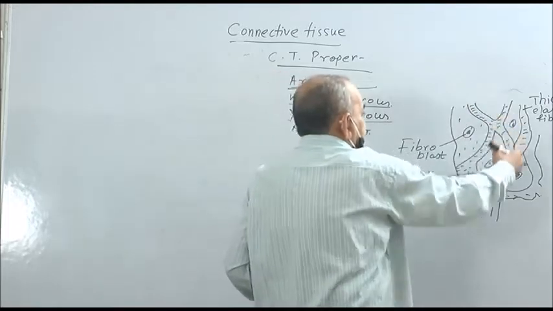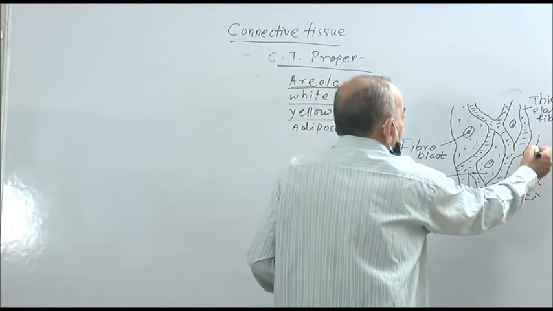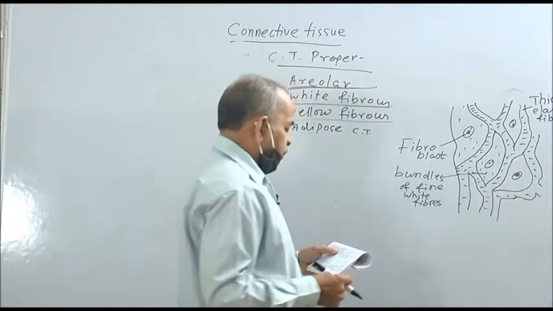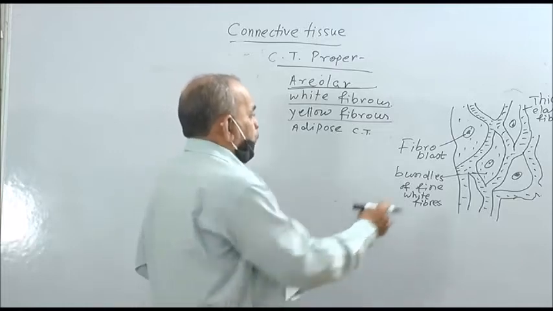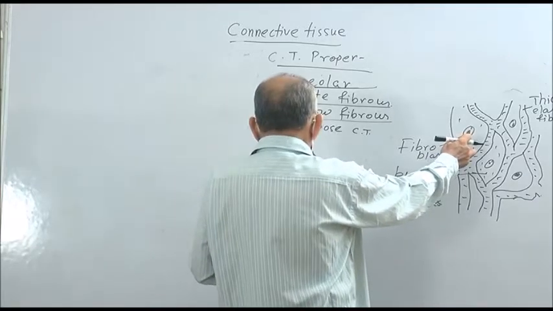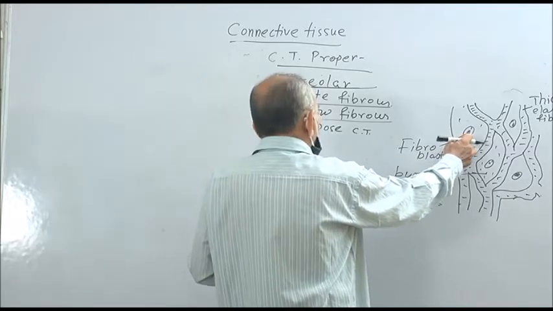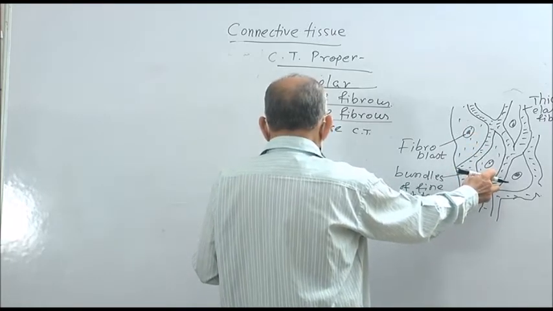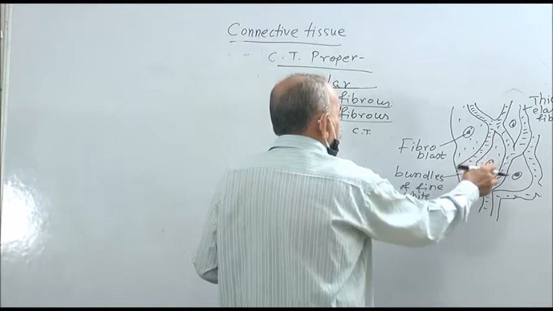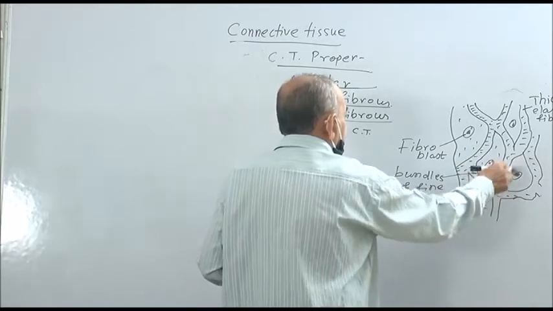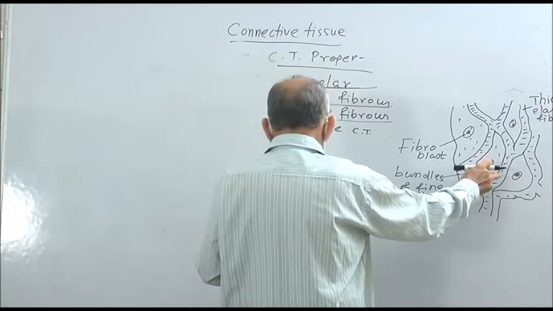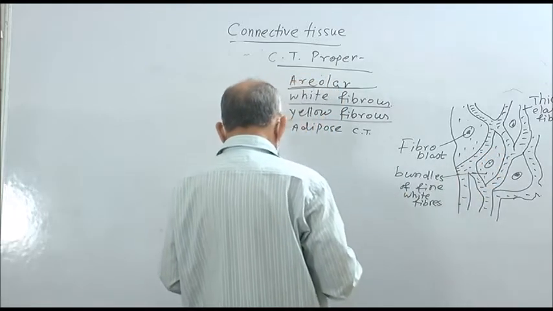There are many parallel bundles of yellow elastic fibers. Fibroblasts and very fine bundles of white fibers may be found between the bundles. So, these are the thick bundles, here very fine bundles are there and fibroblasts of yellow fibers are there.